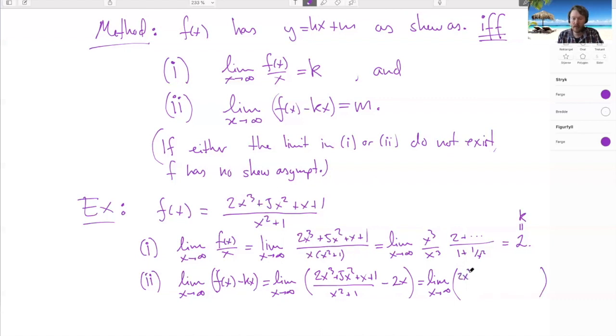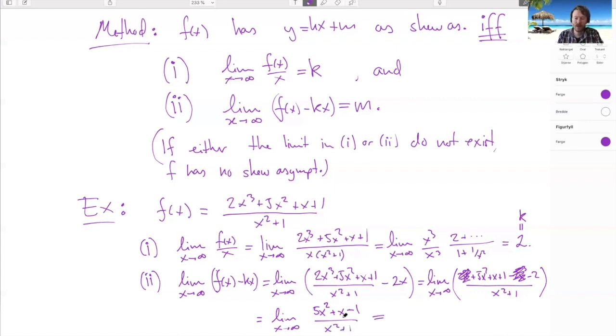So 2x to the third plus 5x squared plus x plus 1 minus, and I multiply 2x with x squared plus 1, all of this over x squared plus 1, and then I continue. And what happens? Well, the 2x to the third goes against this, and these two give us a minus 1, so I have here 5x squared plus x minus 1 divided by x squared plus 1.